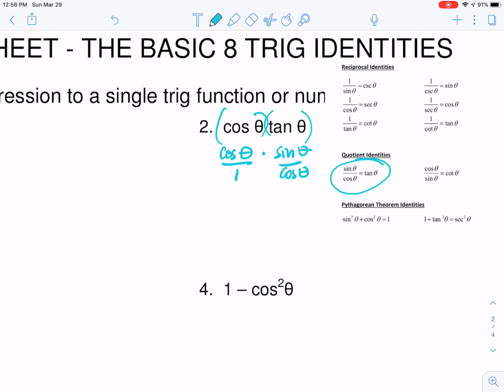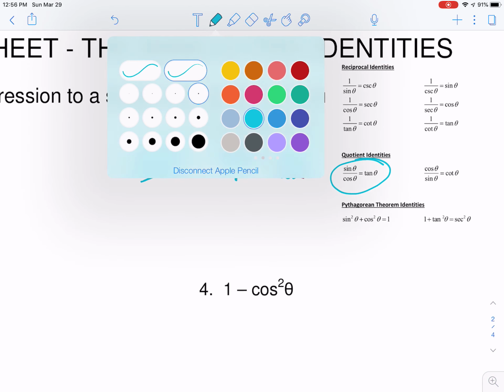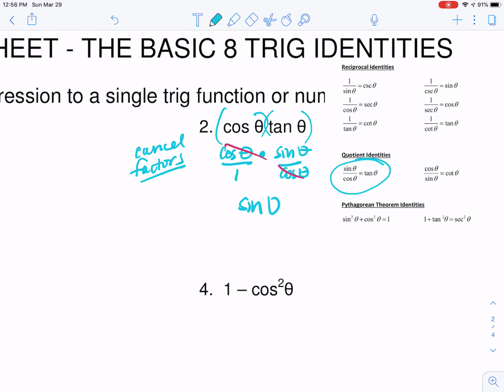Now remember, this is understood to be 1, and when you're multiplying, you can cancel factors. You can only cancel factors, things being multiplied. So cancel, cancel, and we get sine theta. So cosine times tangent is the same thing as sine.